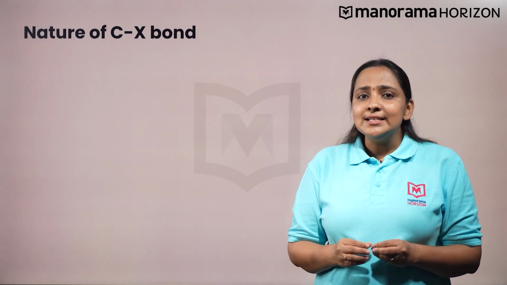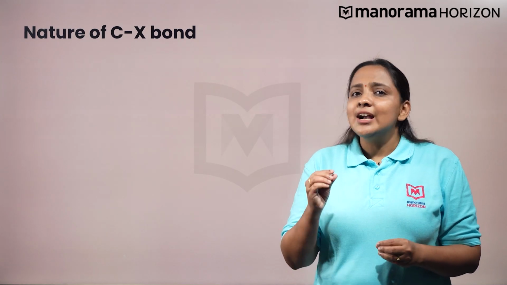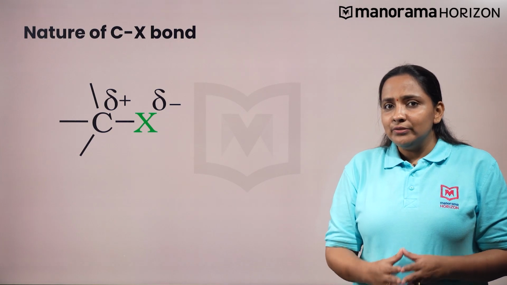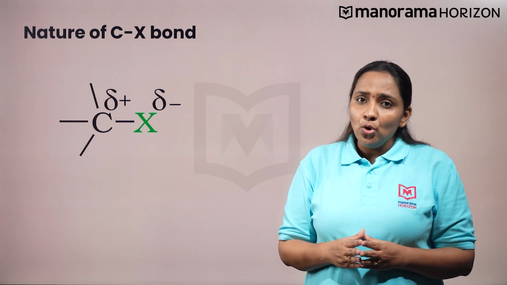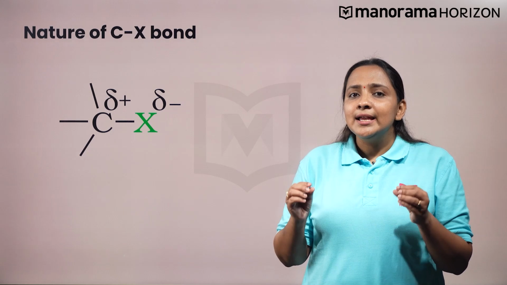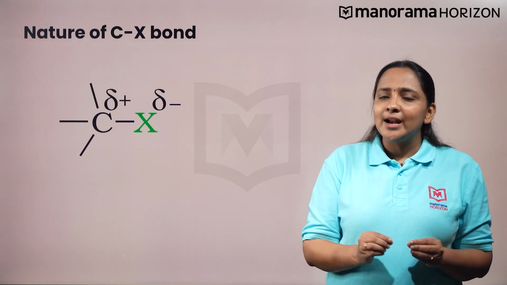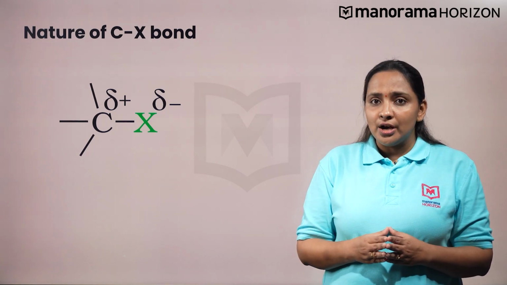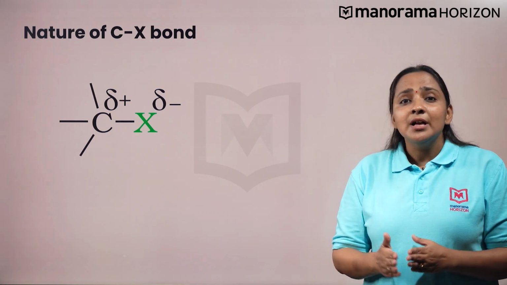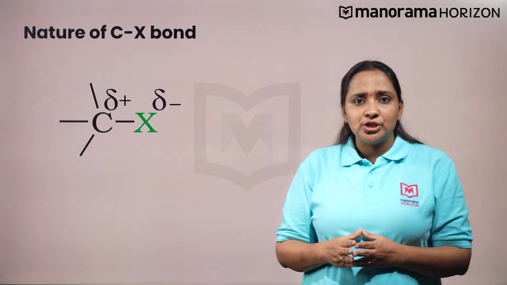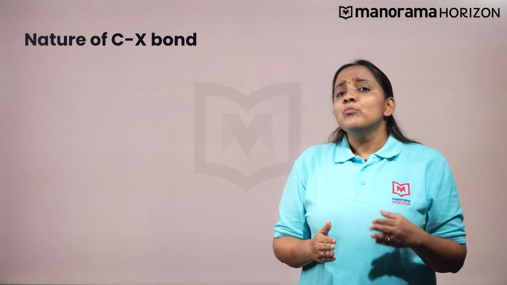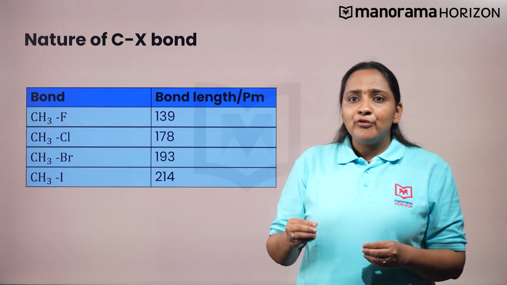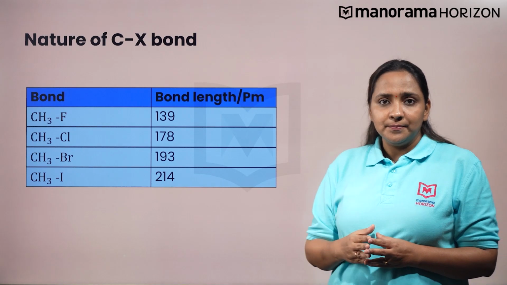Next, we will discuss the polarized nature of the carbon-halogen bond. The halogen atoms are more electronegative than the carbon atoms, so the carbon-halogen bond in alkyl halides is polarized in nature. The carbon has a positive charge and the halogen atom is negatively charged. As we move down the group, the size of the halogen atom increases from fluorine to iodine.